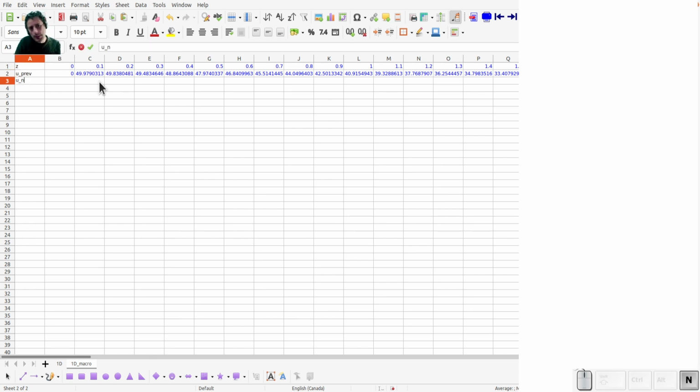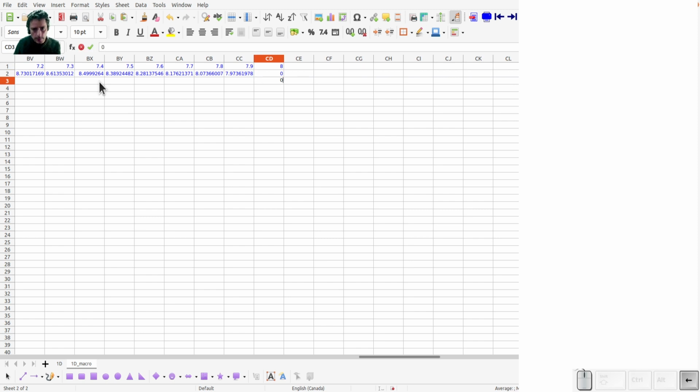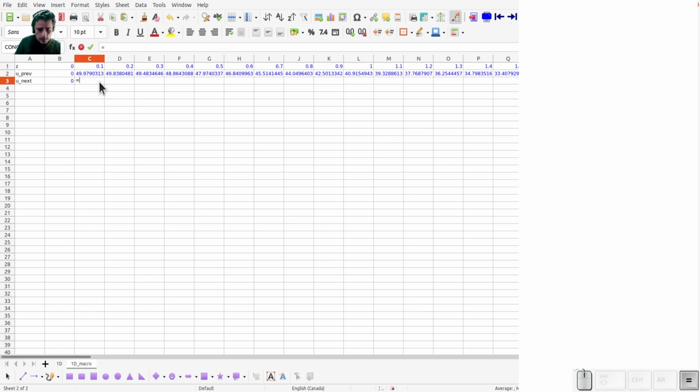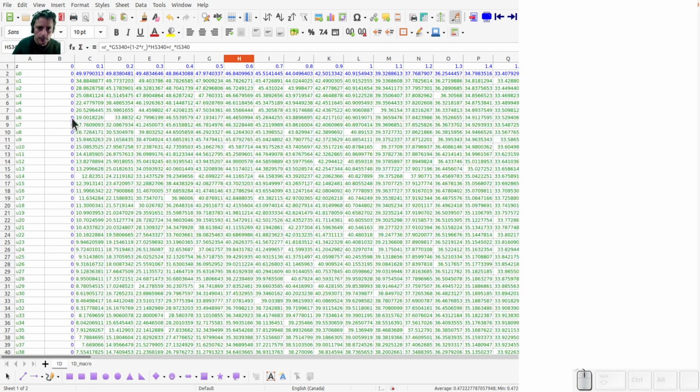And now we can have the next step, where we basically do the same thing. We keep our boundary conditions. And I can just copy this one from the previous one, yes.